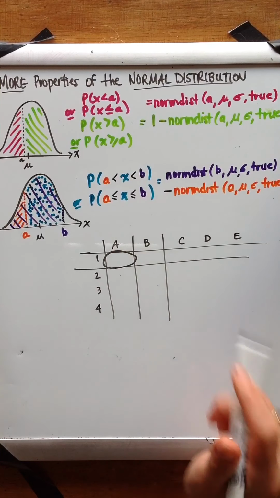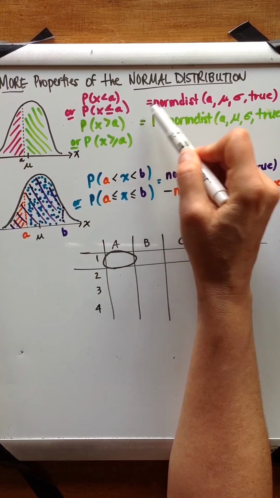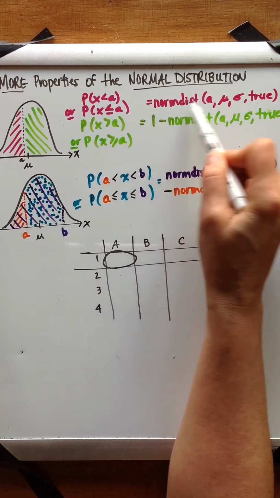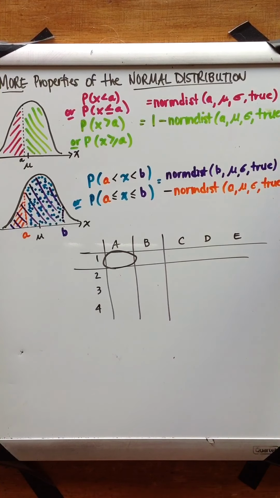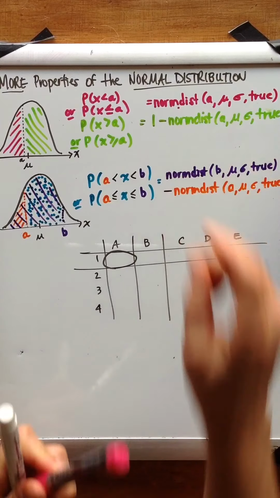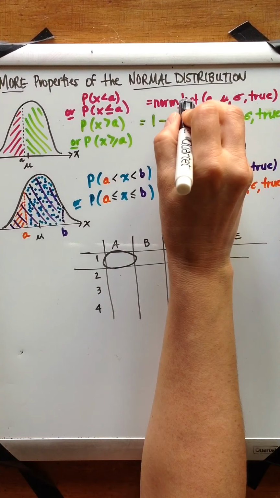And what you would type in if you wanted to find the area of the curve is you would type in equals norm dist. And Google Sheets doesn't care if this is in capitals or littles, so I've chosen to put it in littles. It also has an alternative way of doing it, of putting a dot between norm and dist, but it doesn't make a difference which way you use. So I figure, why press an extra button if you don't have to?